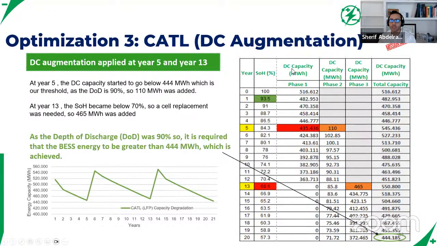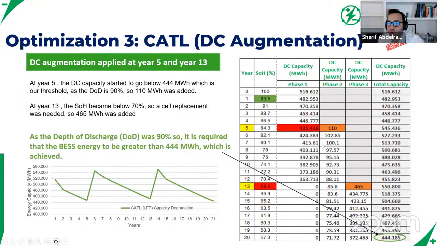So what we did is we ran the simulation, looked at phase one, and basically sized the system so that it degraded down to 363. And I'm going to cause some confusion here, but in the slides you receive, you're going to see something slightly different. We actually allowed it to go down to 65%. So you're going to see this column a little bit longer, and this is 130 megawatt hours instead of 110.